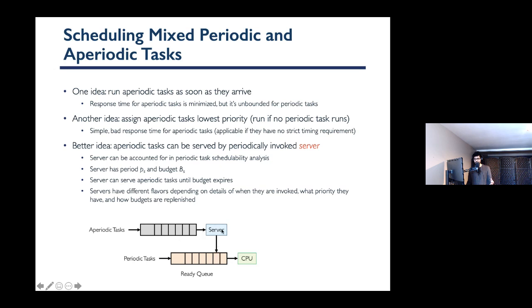The scheduler will schedule it the way it schedules other tasks, and hopefully that means you're going to run your aperiodic tasks alongside your periodic tasks. So that's the general idea. Again, it has different implementations. Let's look at some of those.